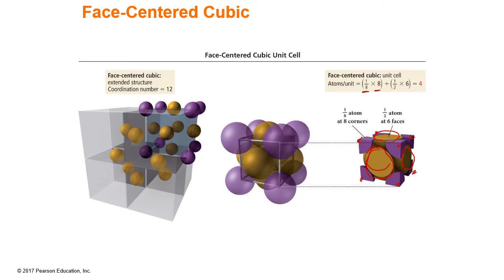And then for the face-centered, only half of the atom sits inside the cube, and there's 6 faces. So this gives us a total number of atoms inside our unit cell of 4. And if we look at our coordination number, each of those atoms is touching 12 other atoms.